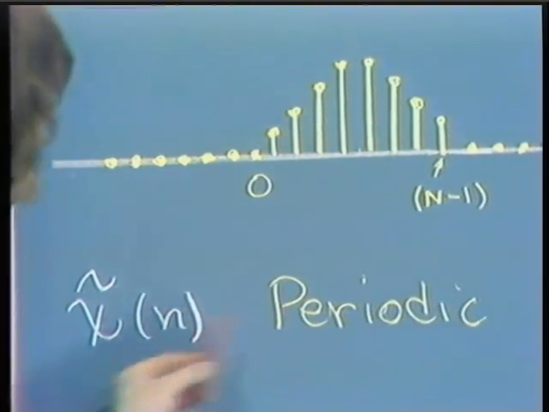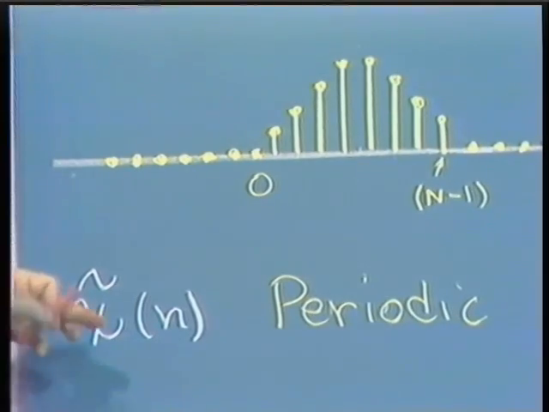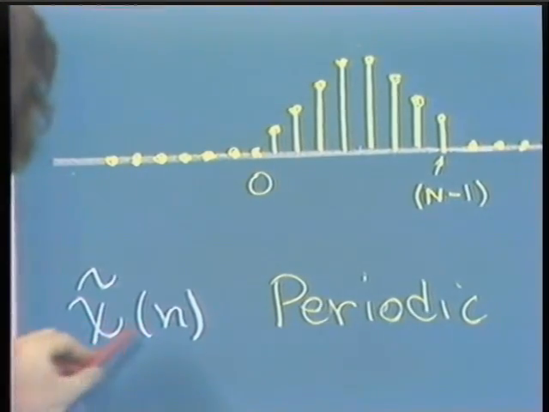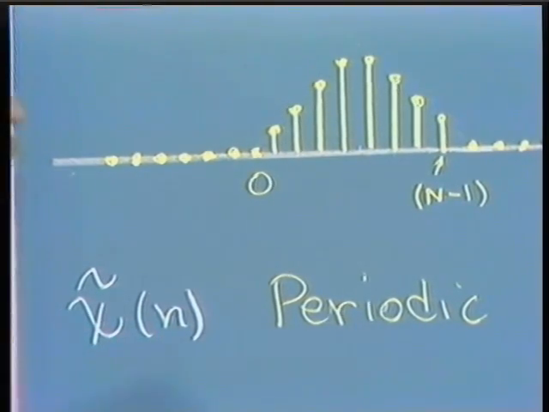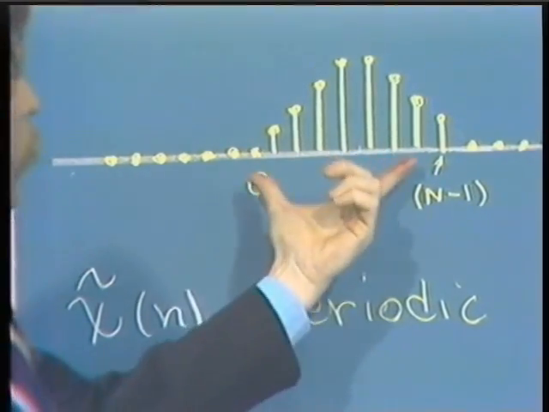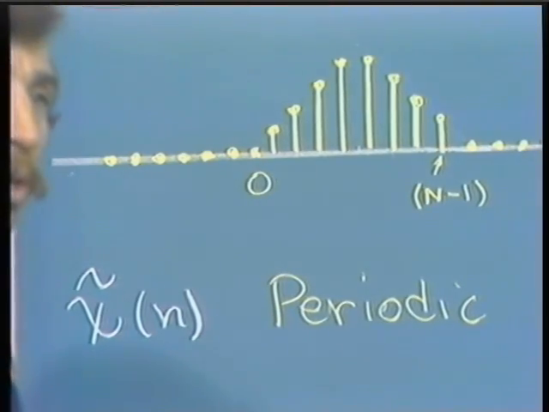And let me denote the periodic sequence by x tilde of n. In general, by the way, when I refer to a sequence with a tilde on it, that will always correspond to a periodic sequence. And let me construct this periodic sequence by simply taking the finite length sequence and repeating it over and over again with a period of capital N.